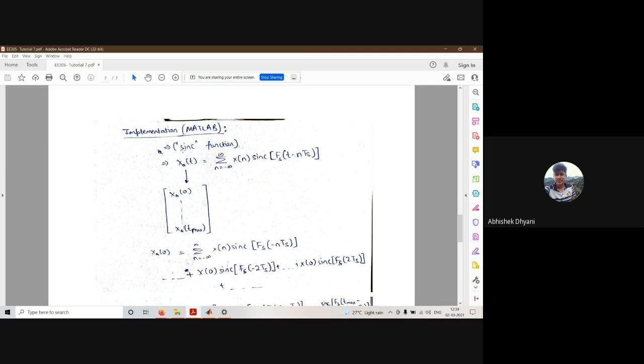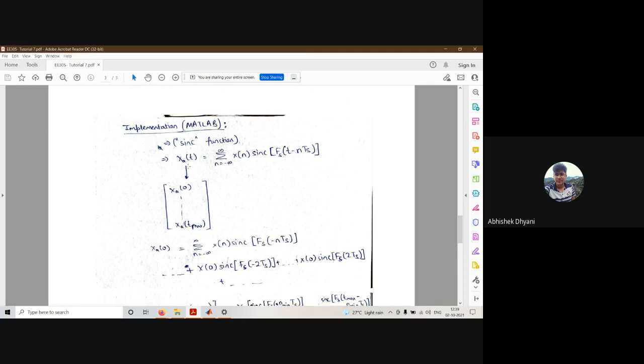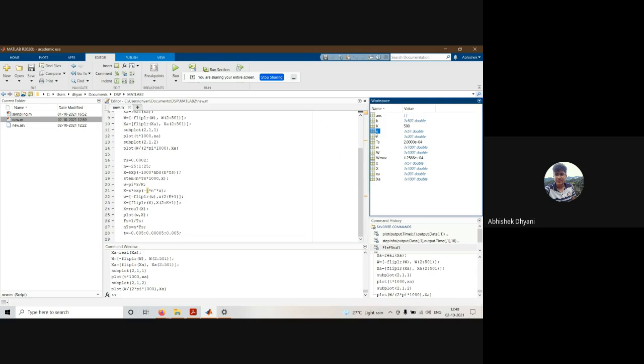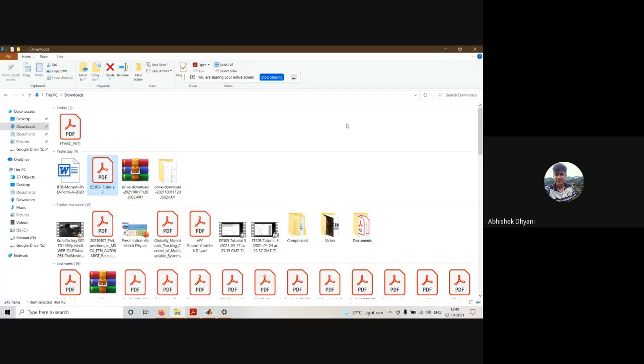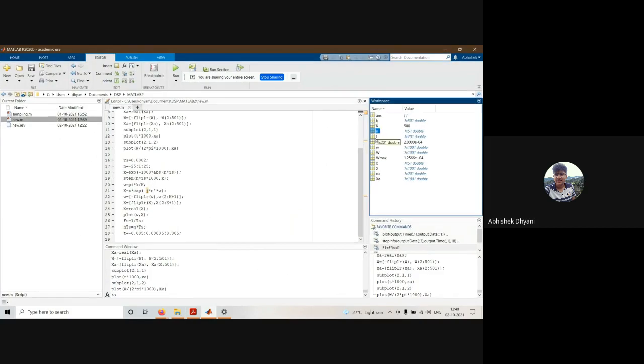So I know that xa of t is these values of x evaluated at time from 0 to t max. And this x of n has n going from, so let's look here. We have 51 n's, and we have 201 t's.